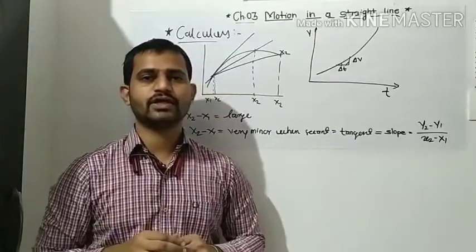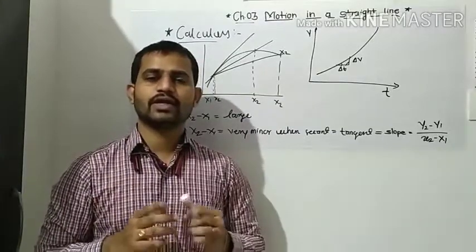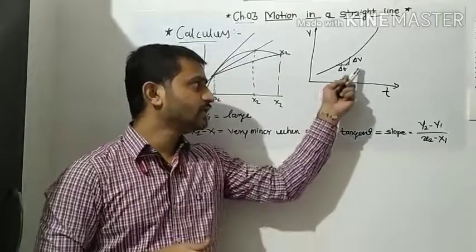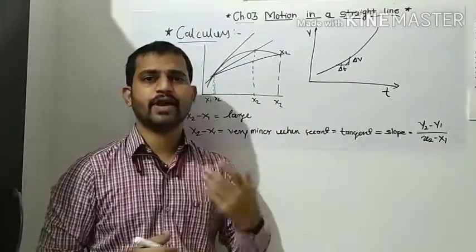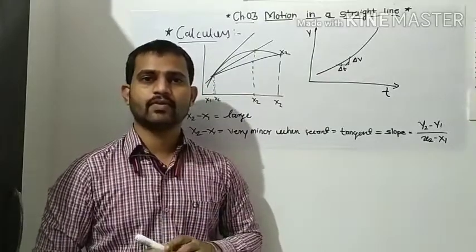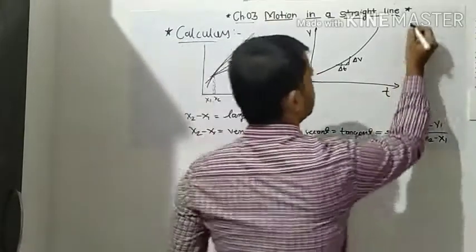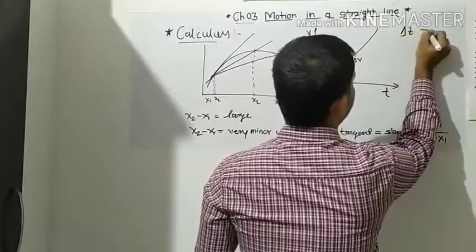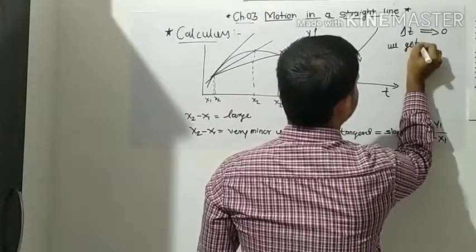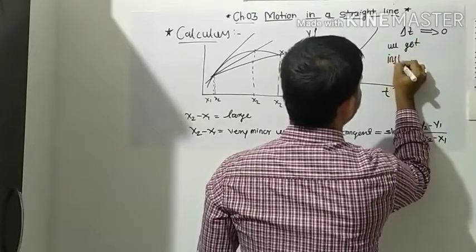So what is important in any slope or any derivative is that this difference must be a very minor value, or an instantaneous value. When delta t is almost approaching 0, we get the instantaneous velocity, as we have learned.